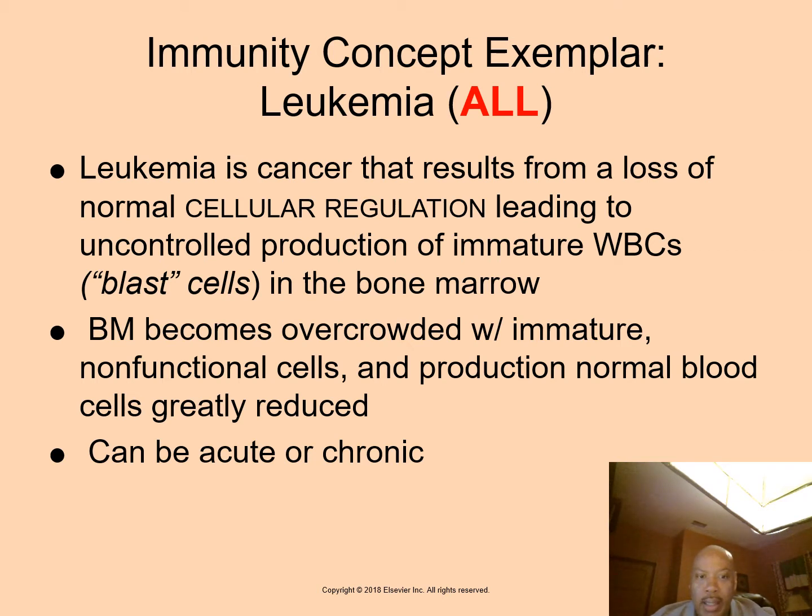So they're non-functional cells, and production of the normal cells is greatly reduced. So red blood cells, platelets, even some of your white blood cells, are greatly reduced due to these immature cells that proliferate, or increase significantly in number. This condition can be acute or chronic.